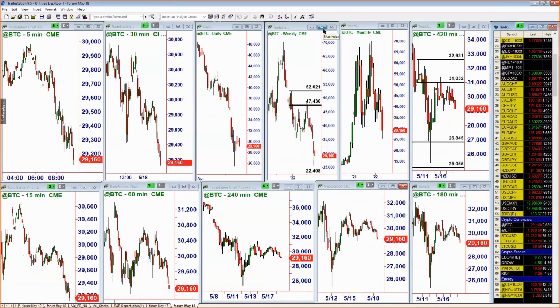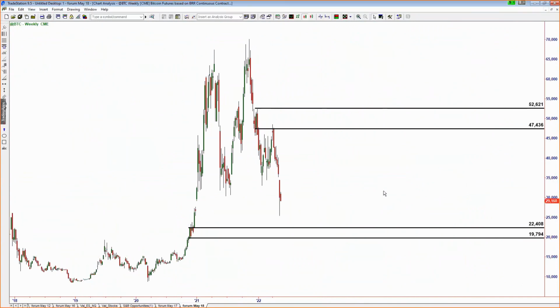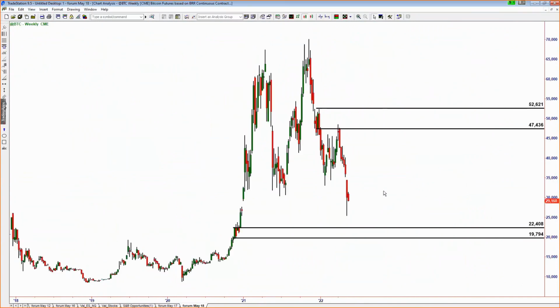When we look at Bitcoin, for example, okay, let's take a look. A great chart to start with is a weekly chart. We've looked at this chart here many times in our FX Street sessions, and prices eventually turn at our larger time frame supply zone up here. They're likely headed to the 22,400 demand.